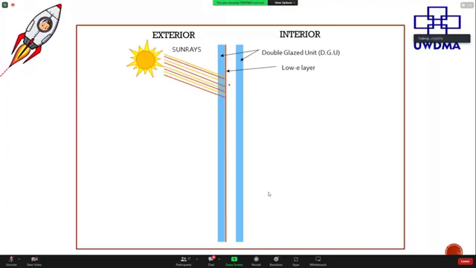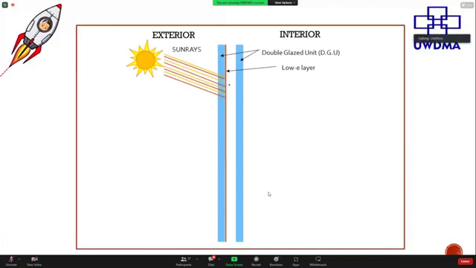If you remember, let's go back to our school days when we studied light. Sunlight carries three types of rays: UV rays, visible light, and infrared rays. We can't see UV rays and infrared rays. We can only see visible light, which is coming out of the sun. There are two more rays which are not visible to us.